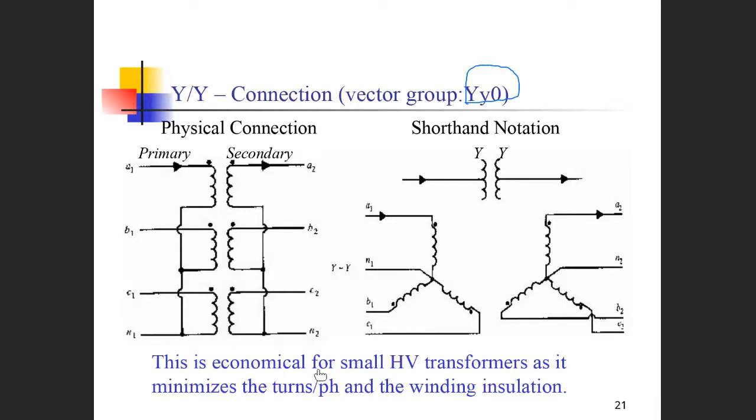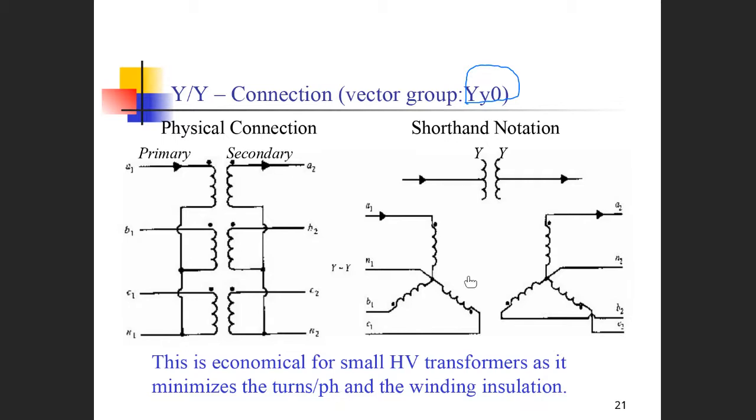This is economic for small high voltage transformers, as it minimizes the turns per phase and the winding insulation. How do we understand these statements? What does it mean for a small high voltage transformer that it minimizes the turns per phase?